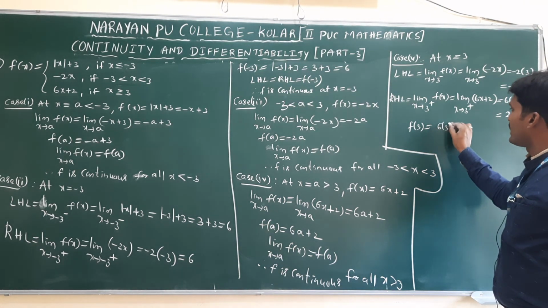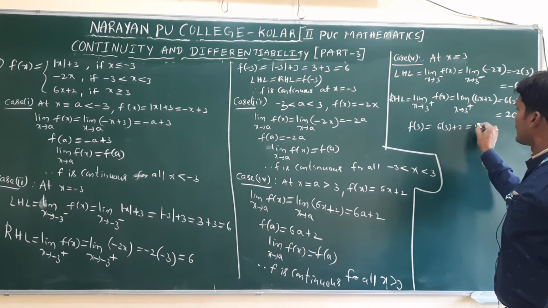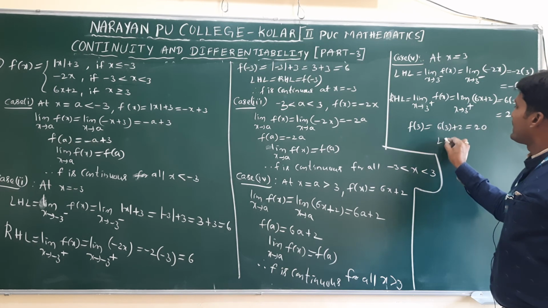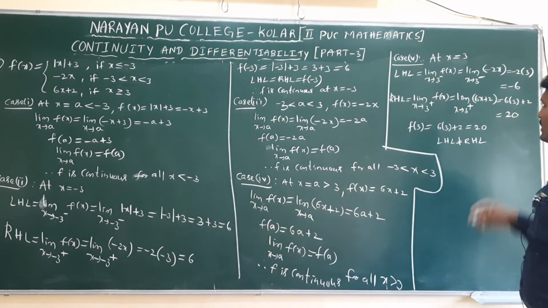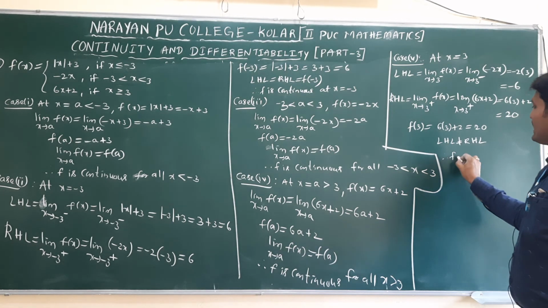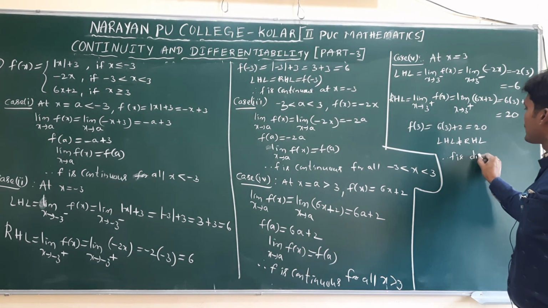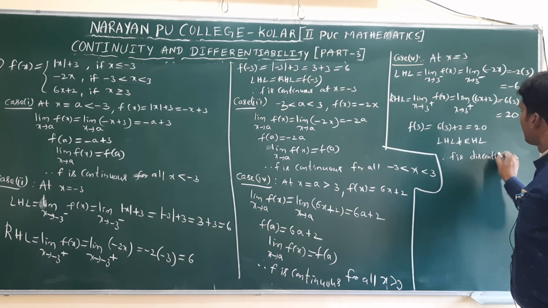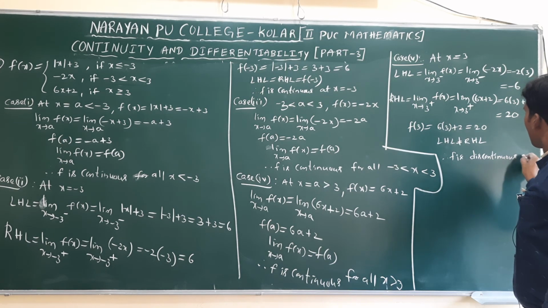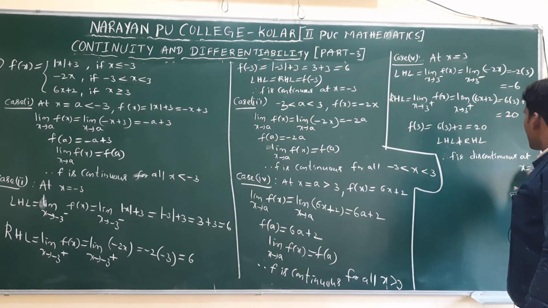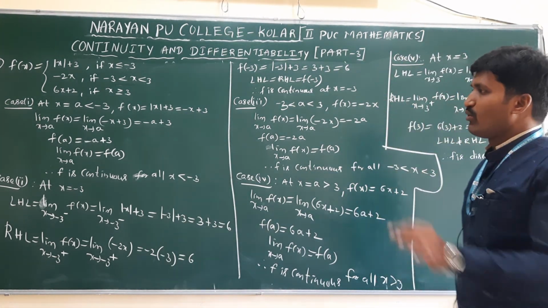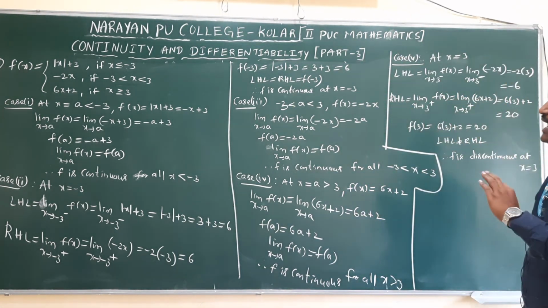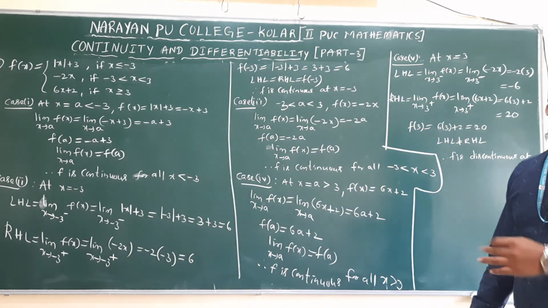Substitute x value 3: 6 into 3 plus 2, that is also 20. But here LHL value is not equal to RHL. Both are not equal. Therefore, f is discontinuous at x equal to 3. That means in the overall function, 3 is the only point of discontinuity; at all remaining values it is a continuous function.